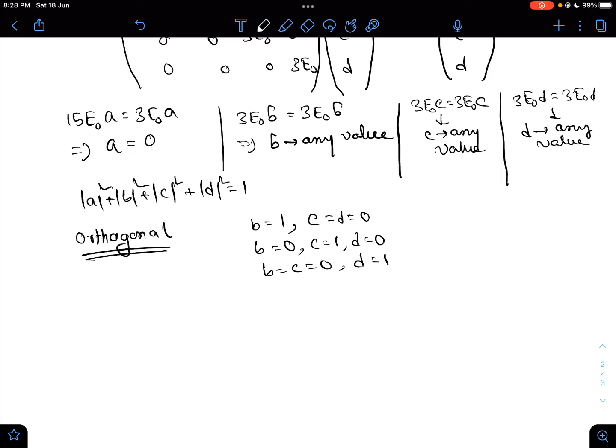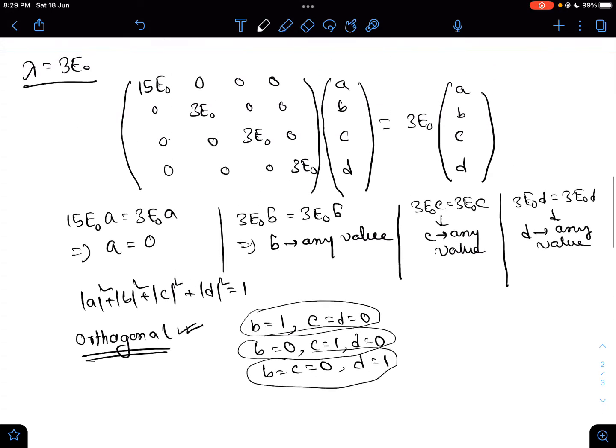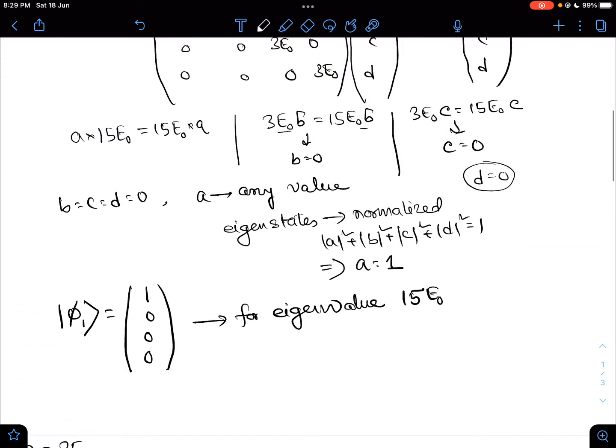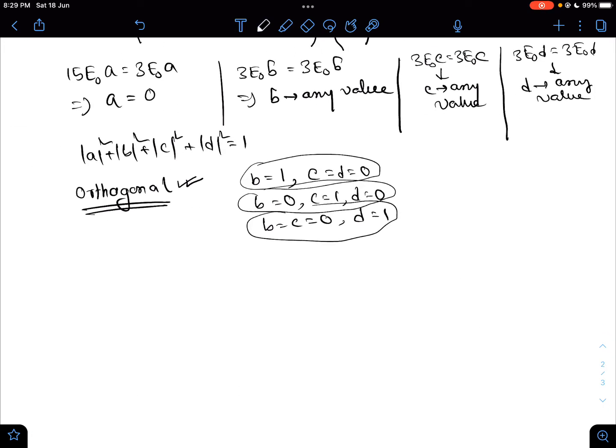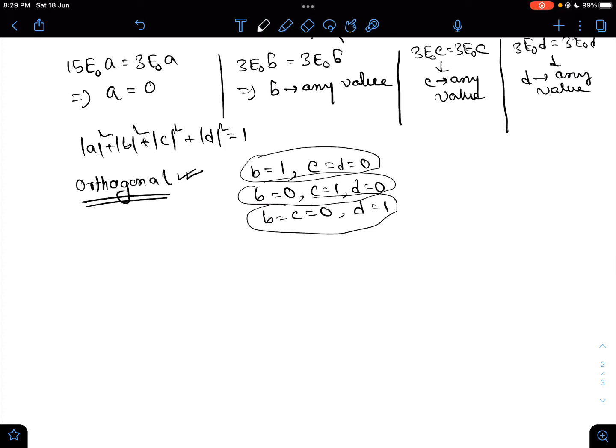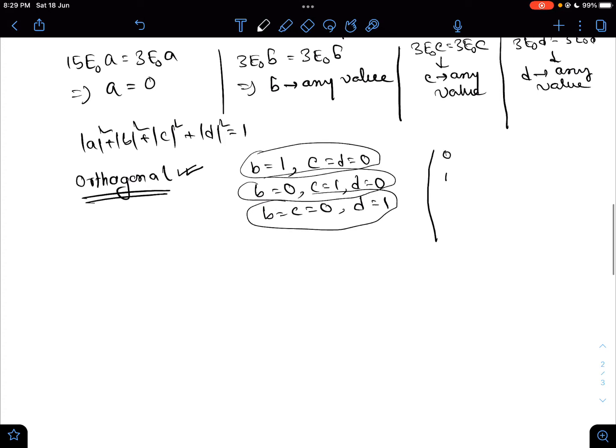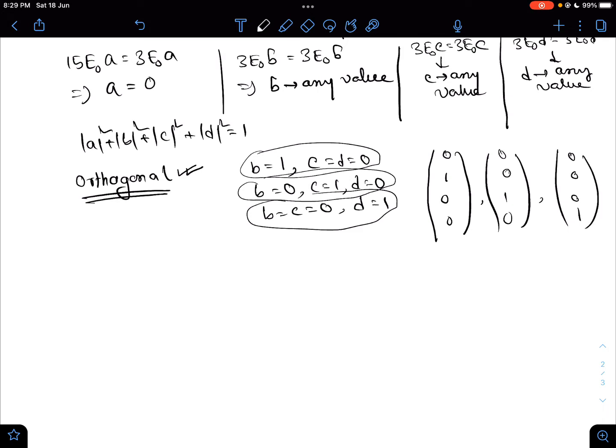If we take these three, we can clearly see that both the orthogonality and normalization conditions are satisfied. Since this is threefold degenerate, we have to construct three eigenvectors: one is 0 1 0 0, another is 0 0 1 0, and another is 0 0 0 1. These three are orthonormal.